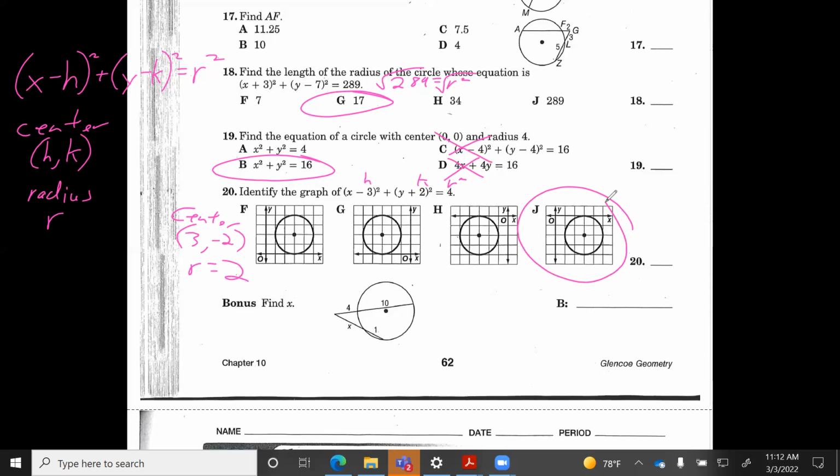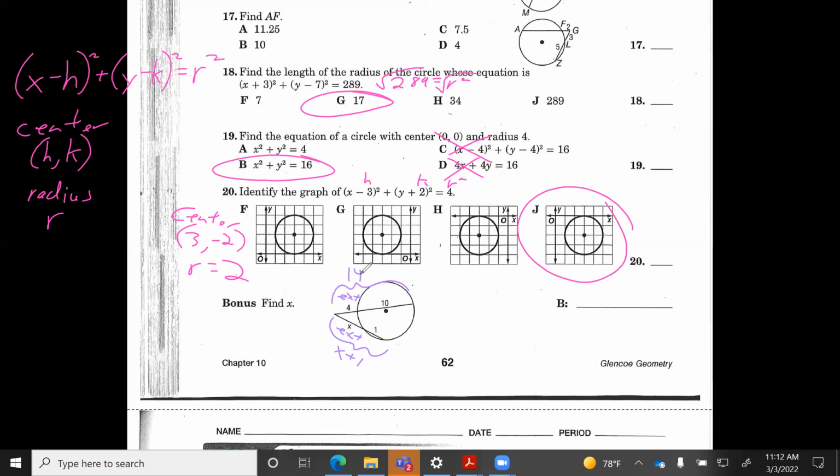All right, the one down there that said bonus, again, this one was a little bit harder. You're not going to see anything like that on the test because this one ends up being a quadratic. Again, I am not giving you a quadratic on a test. So I'll show the setup and I'll work it out, but I want you to know you won't have to do this one on the test. So we have exterior, and then the whole on this one is x + 1. The exterior is 4 and the whole is 14.